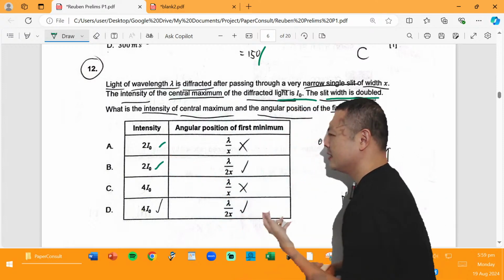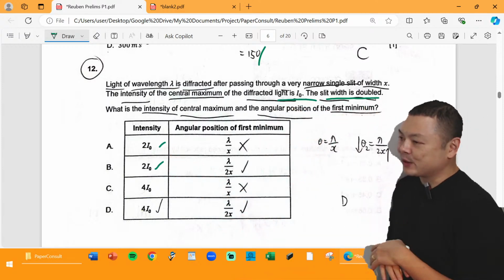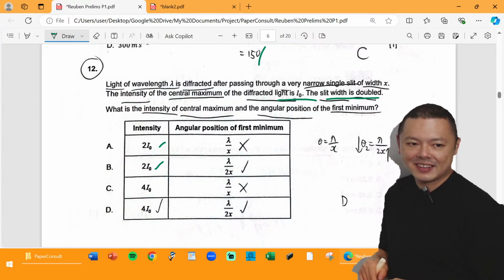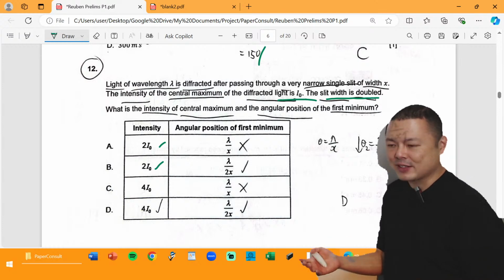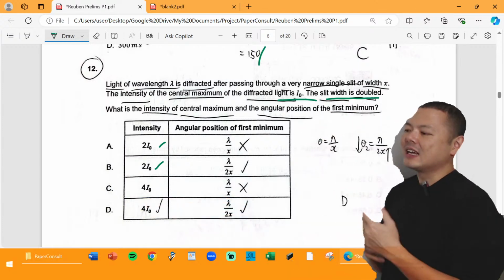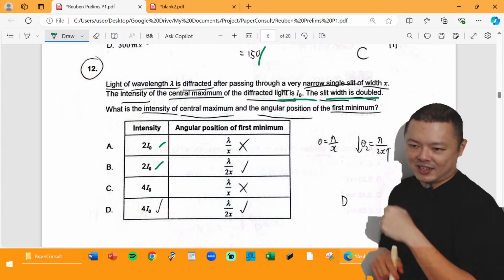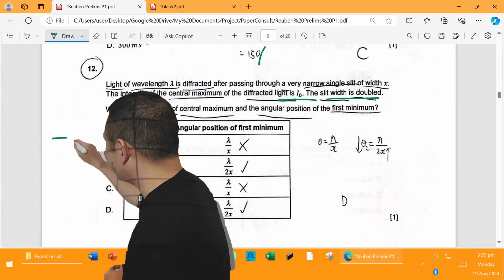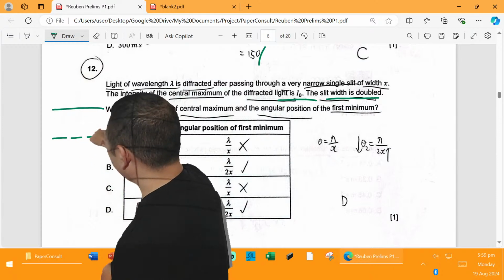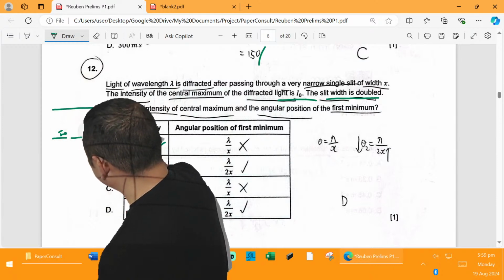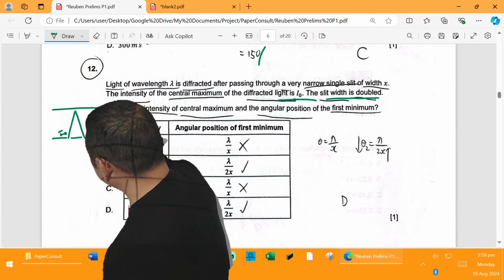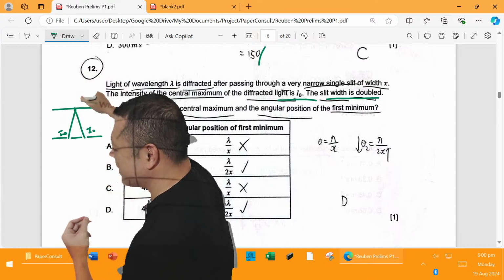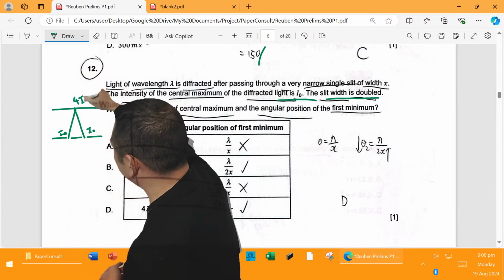Then of course the question is, why is it not 4? Or when would it be 4? So let's address that one first. When it's double slit and each of them has intensity I naught, and it reaches the middle of the screen here, the total intensity at the bright central maxima is 4 times I naught.